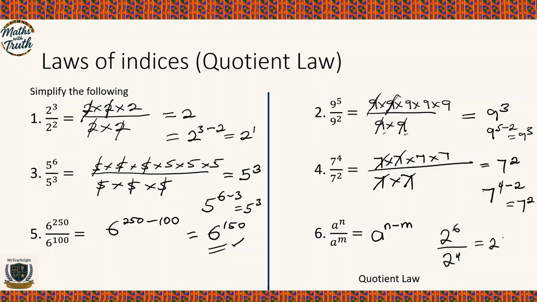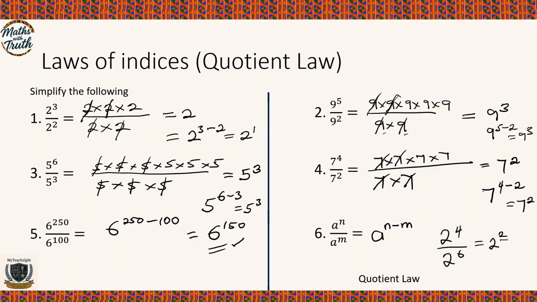And you are likely to write 2 exponent 2. However, if we turn this to 4 and 6, some students get it confused, they just find the difference between the exponents, which is 2, wrongly stated.